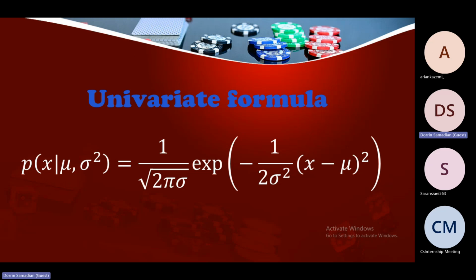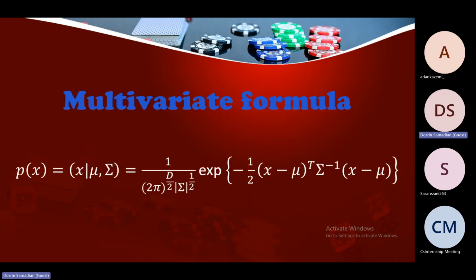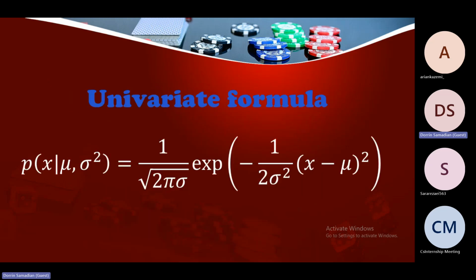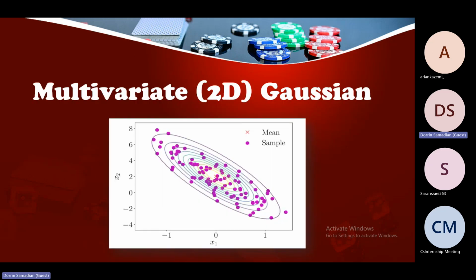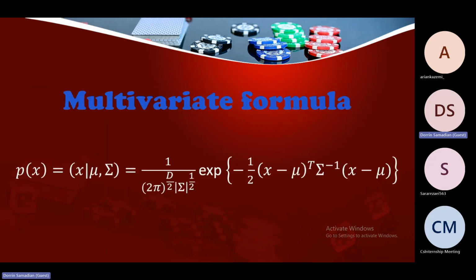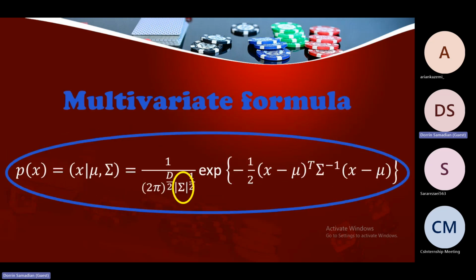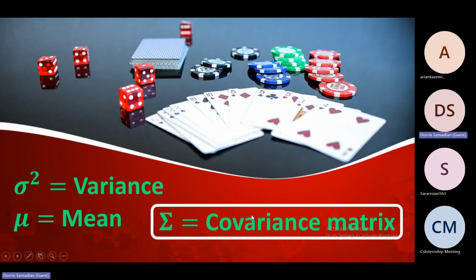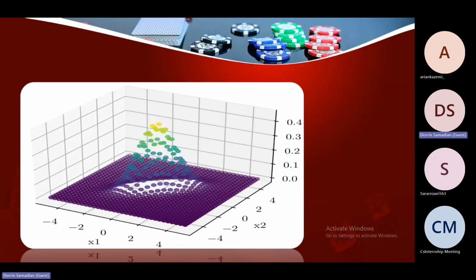But as you can see, these two formulas, the multivariate formula and the univariate formula, are really the same. Only the sigma, which I also referred to as the covariance matrix, has made up a new distribution, which is called the multivariate distribution.